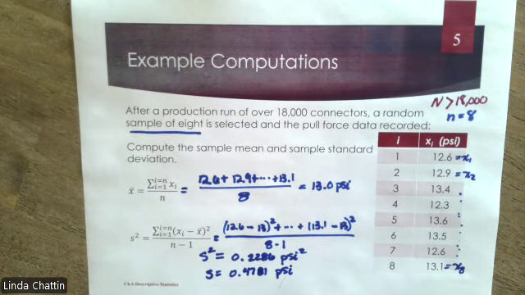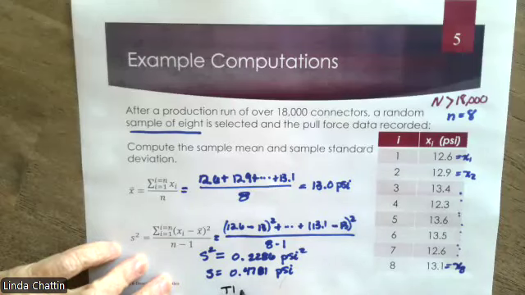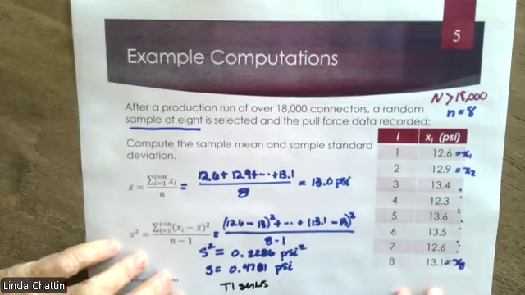Now, there is a function in your calculator that might be very helpful to you. If you have a lot of data and you just want to compute the sample variance or the sample standard deviation or the sample mean, and you definitely have homework that asks you to do all of that, I will use my calculator, a TI series, at least 84 or 83.